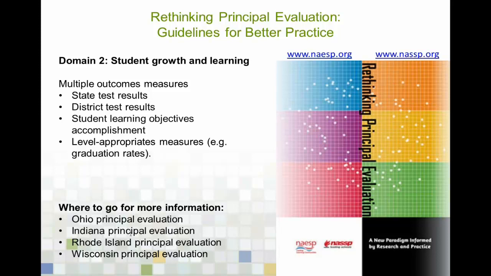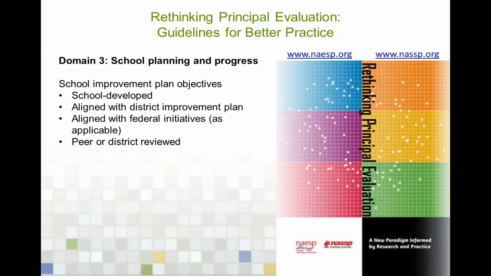For high school students, graduation rates are obviously a very important measure. Possibly college matriculation rates would be important. At the bottom left of the slide are sources to go to that Matt picked out that are doing good work in this area: Ohio, Indiana, Rhode Island, and Wisconsin.